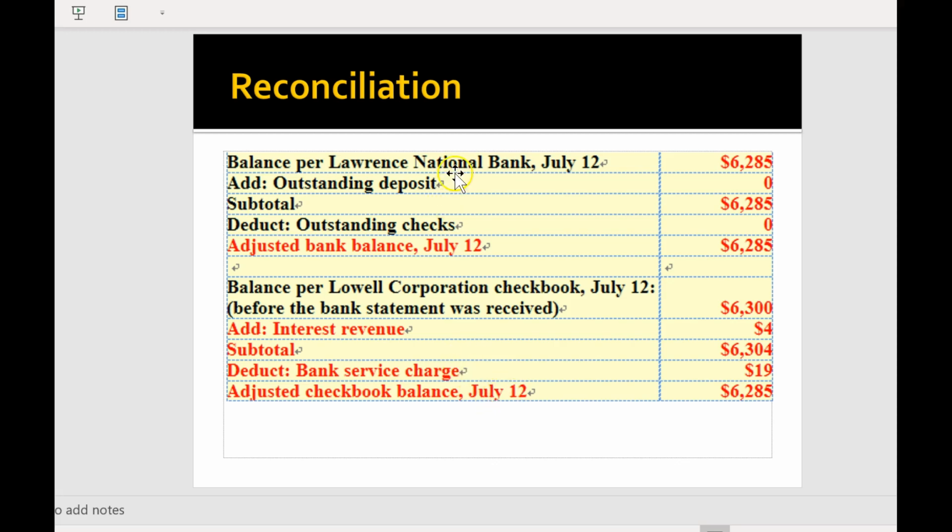So after adding outstanding deposits and subtracting outstanding checks from the bank's record, we get one number. And then after we add interest revenue to the firm and subtract the bank service charge, we derive another amount for the firm.